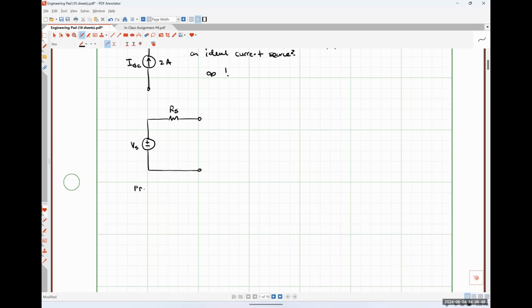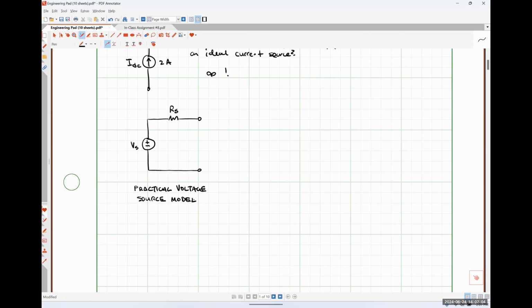So this is our practical voltage source model that we might use to model a battery.